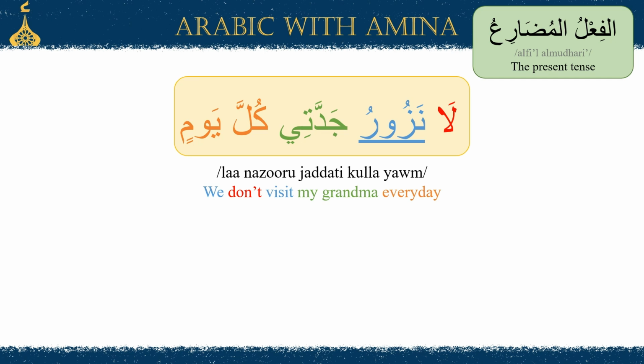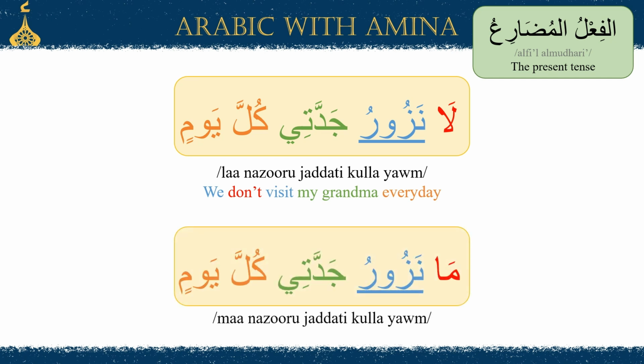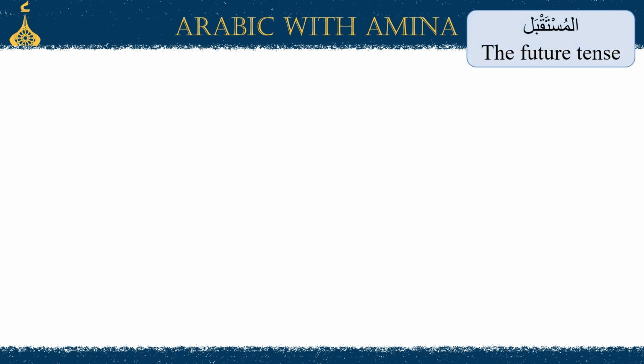We don't visit my grandma every day. Or, using the particle ما نزور جدتي كل يوم. Pretty straightforward. So now that we got a hang of negating the present tense, let's move on to the future tense.